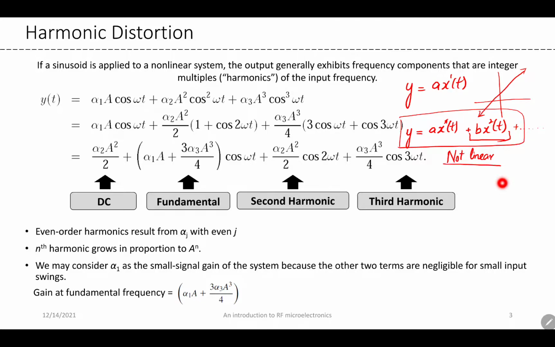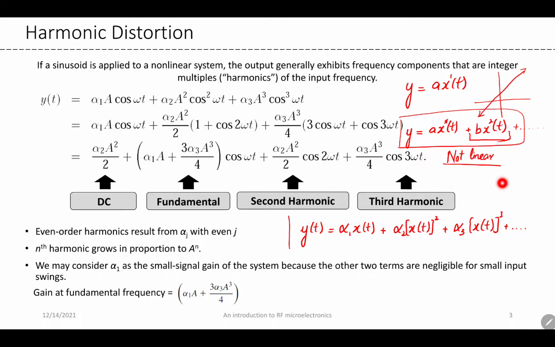Now we can generalize this and say y of t is alpha 1 x of t plus alpha 2 x of t squared plus alpha 3 x of t cubed plus so on and so forth.